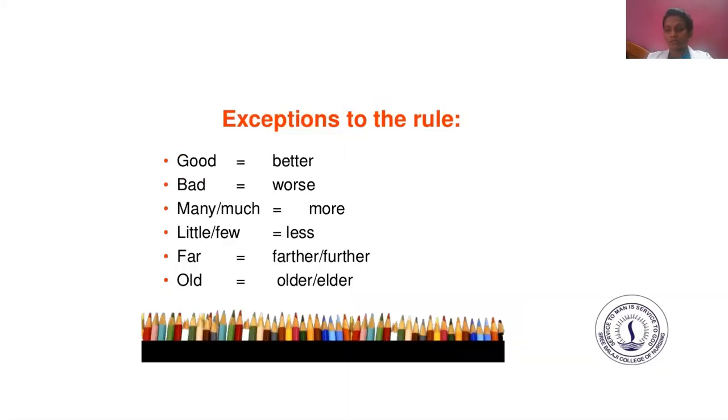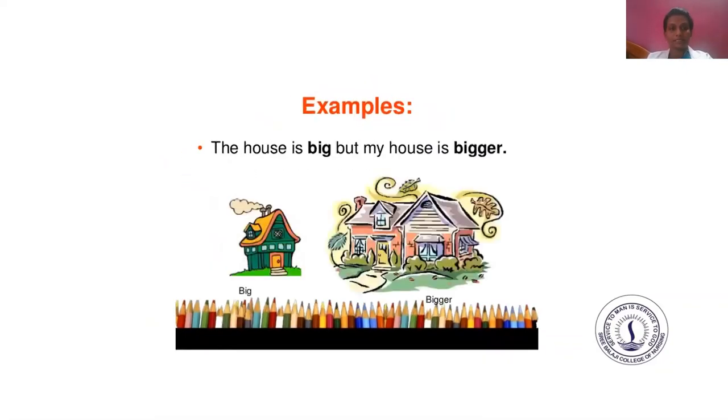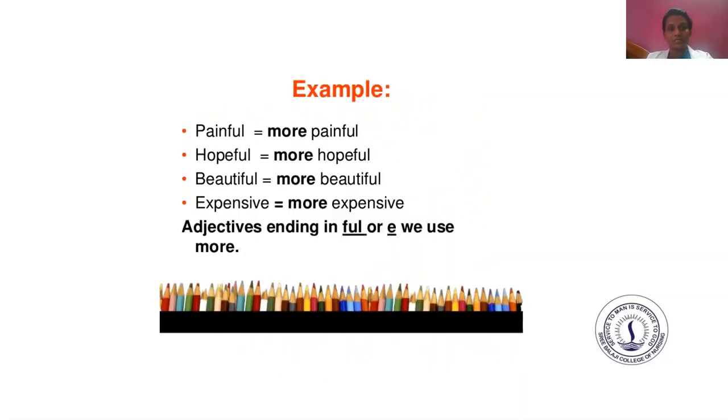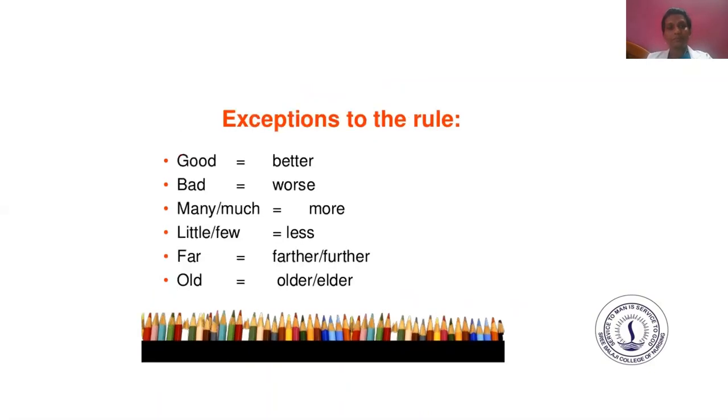Exceptions to the rule. The first rule is adding ER to the adjective, and the second rule is adding more to the adjective, like adjectives ending in ful or E. And there are exceptions to the rule.